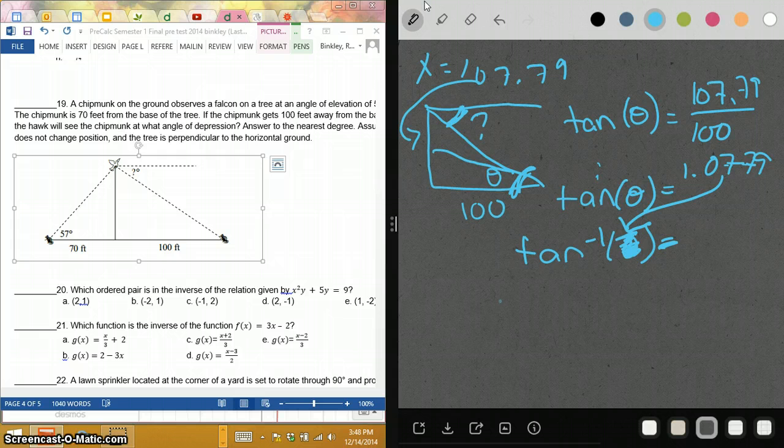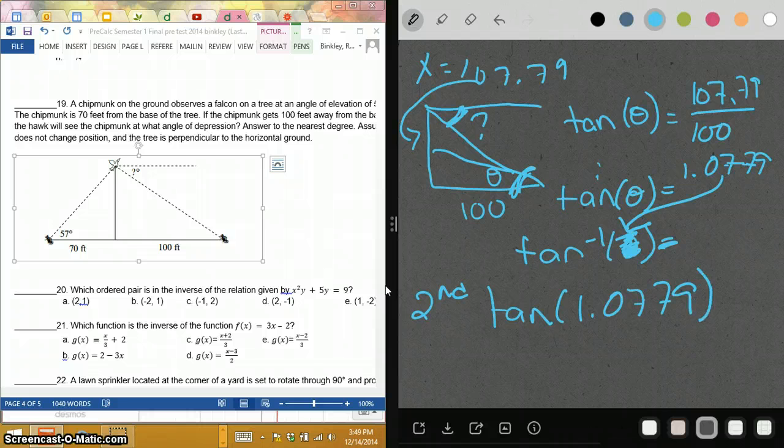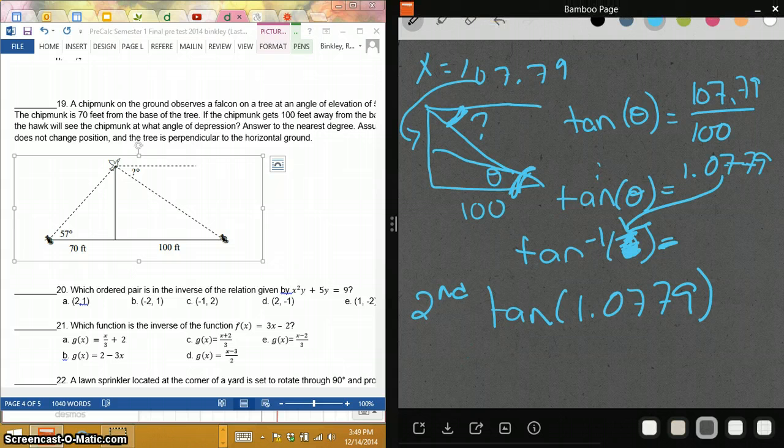In your calculator, you can type in second tan, and then the number 1.0779. Again, we've done all of this in degrees, so make sure that you are still using degrees in your calculator. If you do that, you should get the angle that you are looking for.